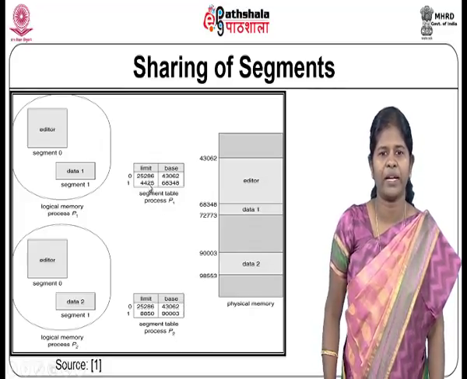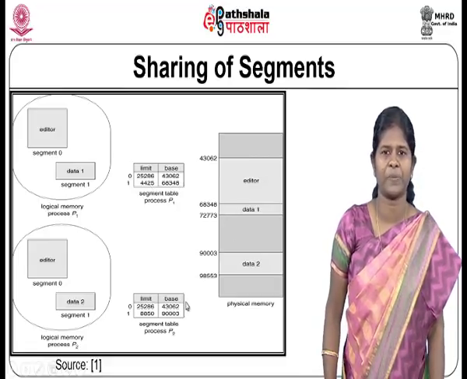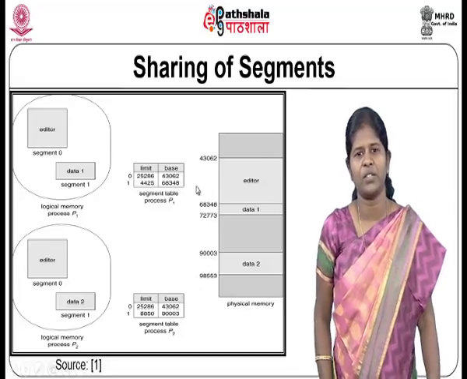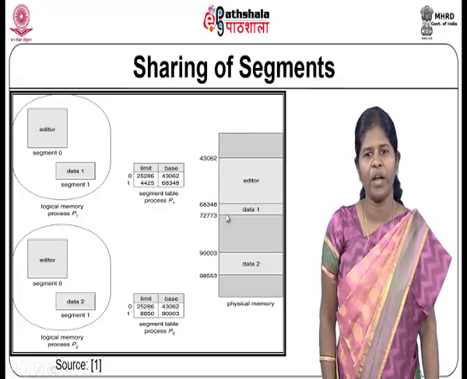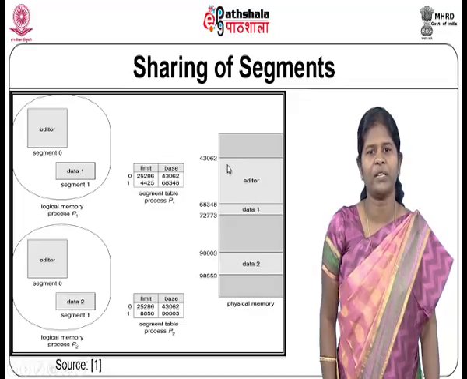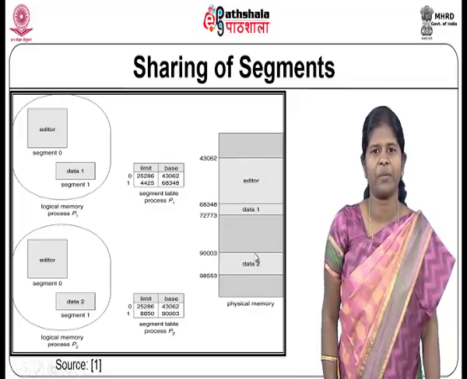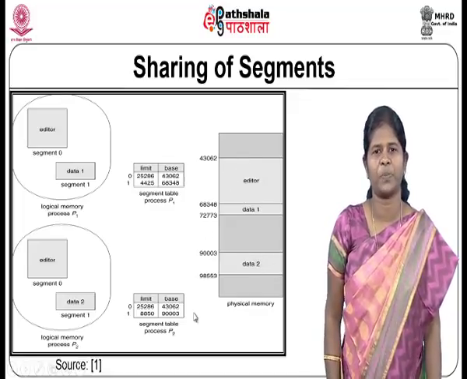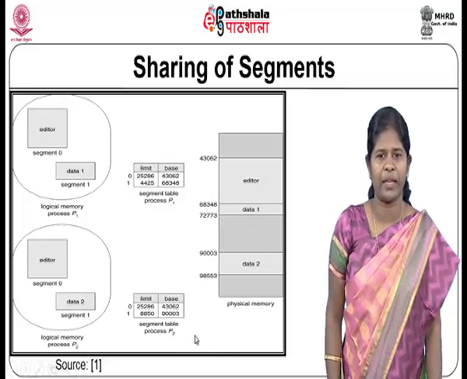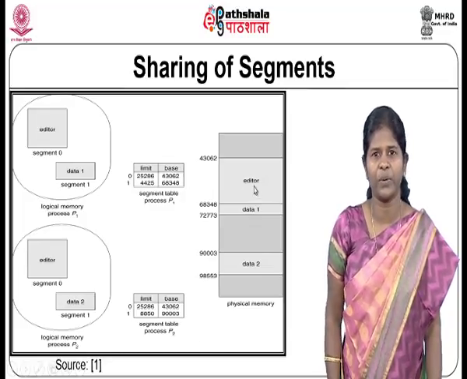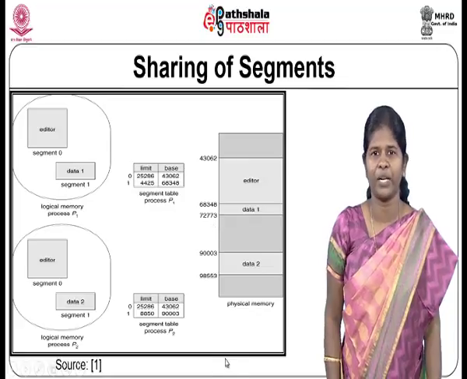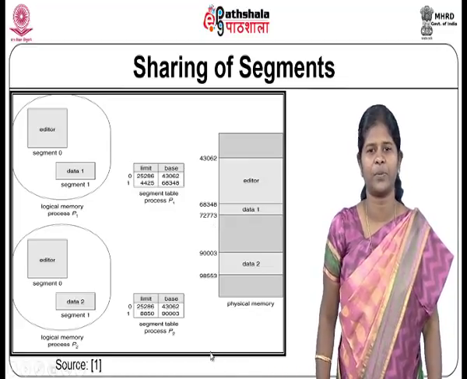Only the entries corresponding to data 1 and data 2 for P1 and P2 respectively are different. So, here you avoid storing this editor twice in the physical memory, once for process P1 and once for P2. Rather than that, the editor is stored only once, and processes P1 and P2 share this editor program.